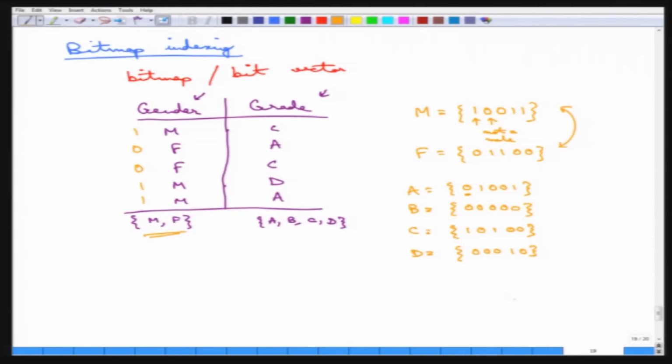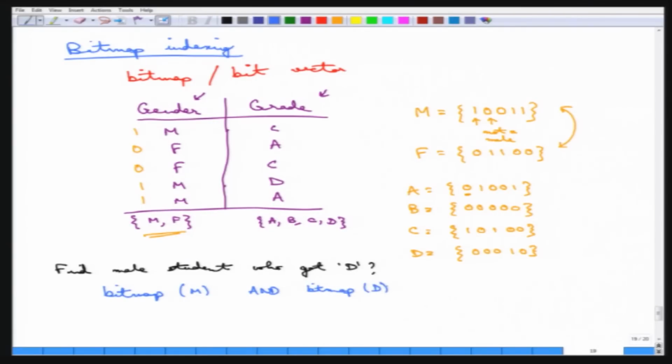So how is this useful? Suppose a particular query is: find the male student who got D. One only needs to take the bitmap of M and do a bitwise AND with the bitmap of D. That is easy to do, and once that is done, the answer comes out.